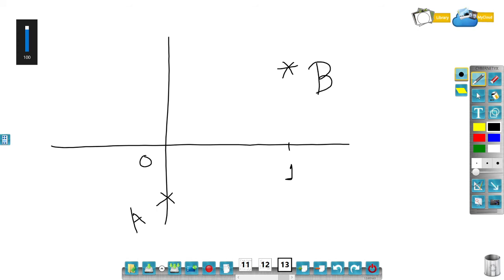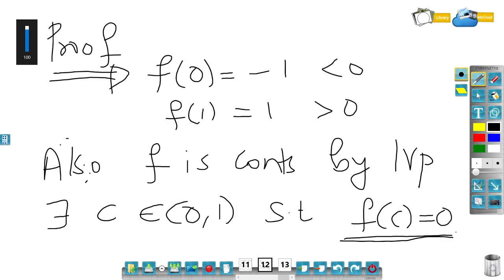When you join these 2 points, see the function is continuous, so definitely it will cross at the point c. Here it is a cubic polynomial. I don't know how it looks, but suppose this is the polynomial. So you must get a point c such that f at c is equal to 0. So this intermediate value property says that it has a real root. So this implies that f has a real root.